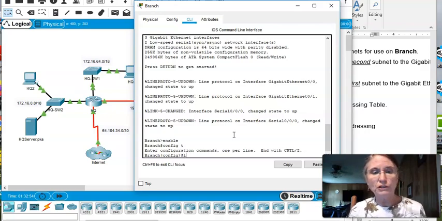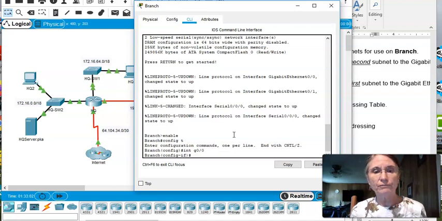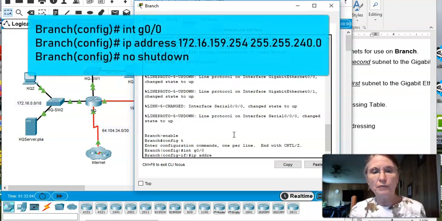So we would go to the G00 interface, put in that IP address that we just populated into our table, which was the last usable address in the subnet.